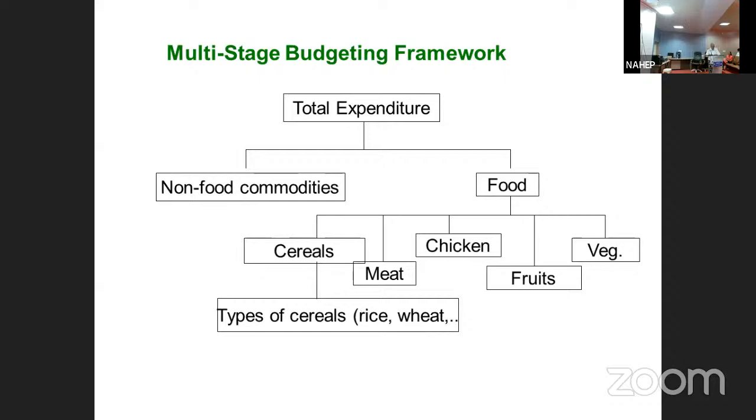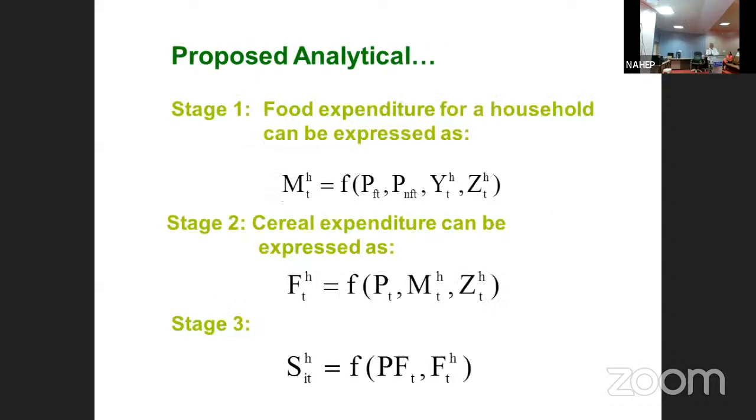So once we go there, we write a model like this. Expenditure on food is a function of price of food, price of non-food, income, and fixed factors. The fixed factors may be education, urbanization, right, and so on.